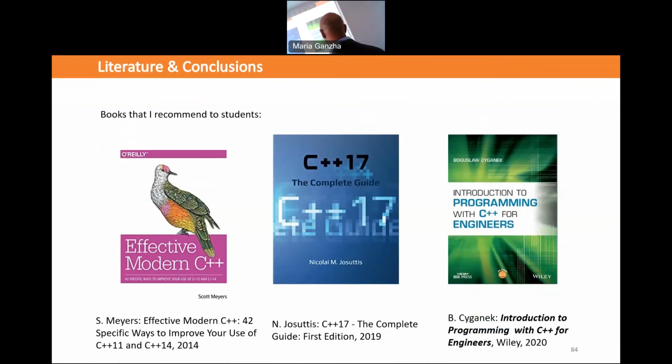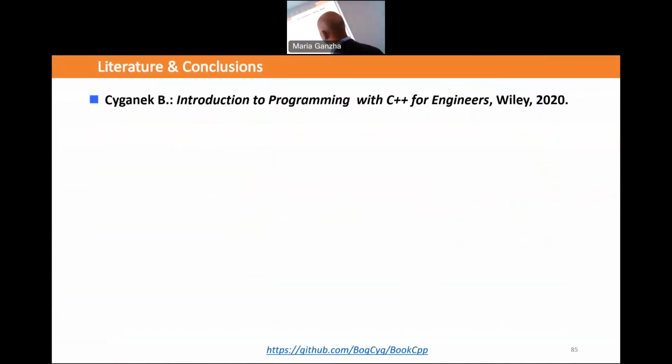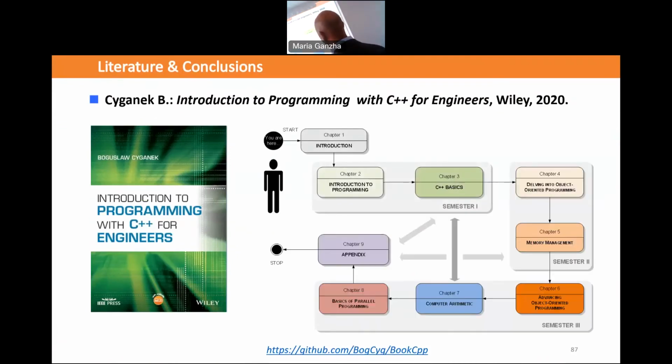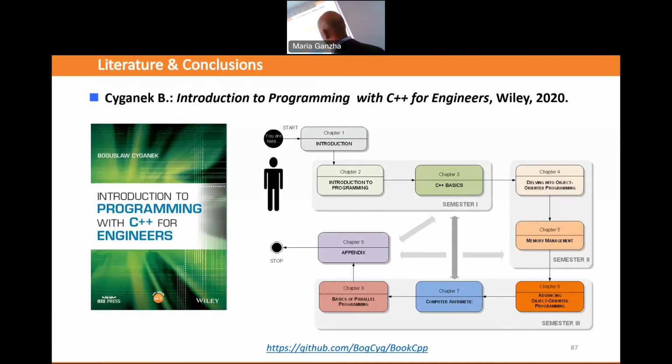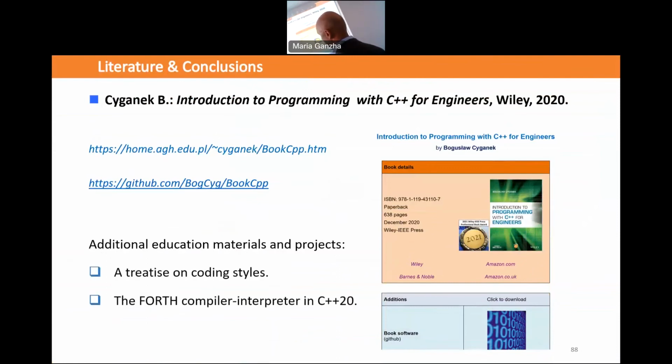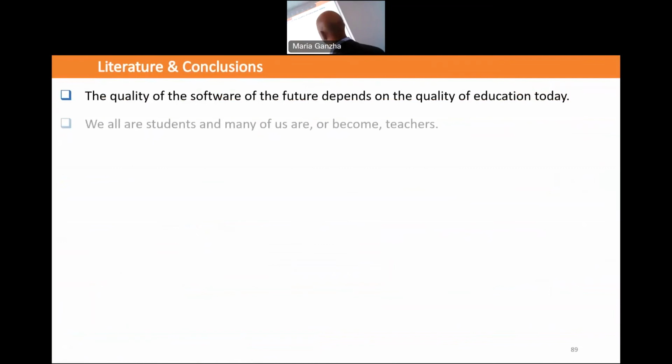And finally, my book also, you can find all these ideas I presented today are in my book. Well, I divided this into 3 semester plans. So the chapters are organized like this, 3 semester classes. And also you can find code on GitHub. Well, some examples as well.